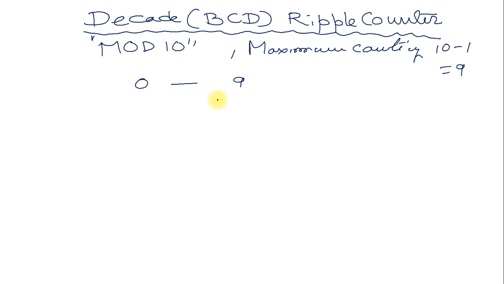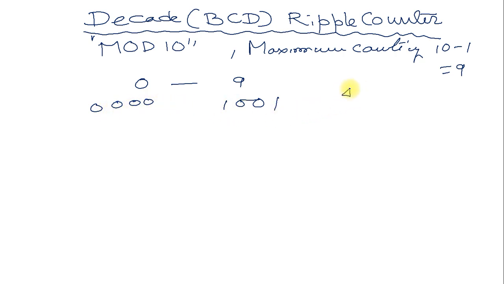It can be an up counter, a down counter, or an up down counter. But still we count 0 to 9, and 9 is the maximum count. If I convert 0 and 9 to binary, 0 can be written as 4 zeros, and 9 can be written as 1001.